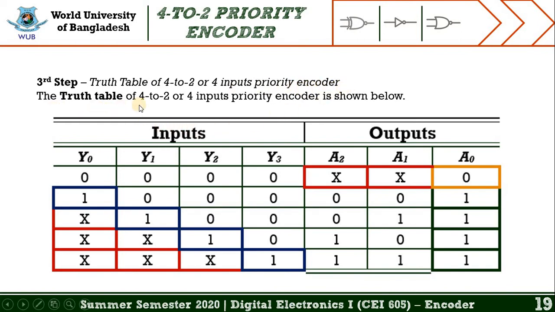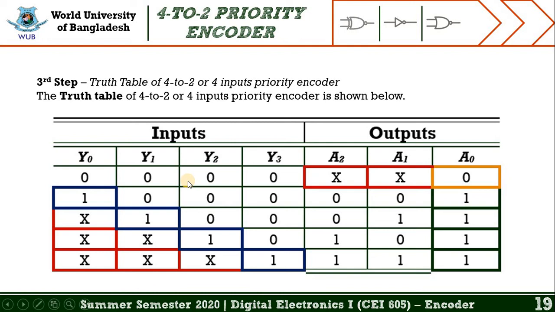The truth table of the 4 to 2, or 4-input, priority encoder is represented here. In the first row you can see there are no active inputs.